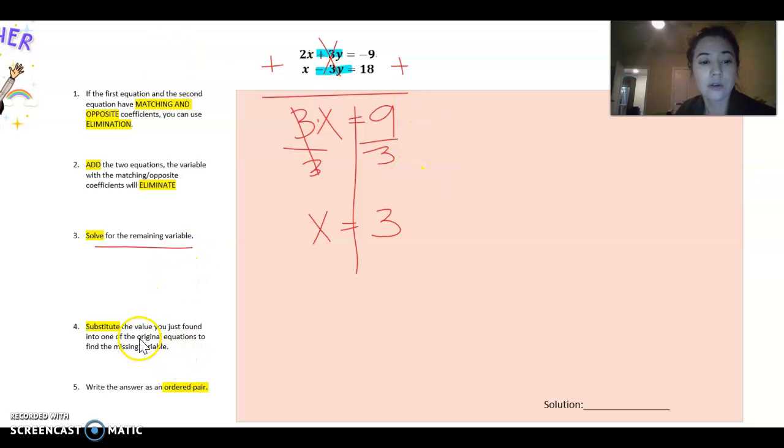Okay, so now substitute that value back in to one of these to find the missing variable. We know what x is, so we're going to plug x in so we can find y. Y is our missing variable. So I'm going to rewrite one of those equations.